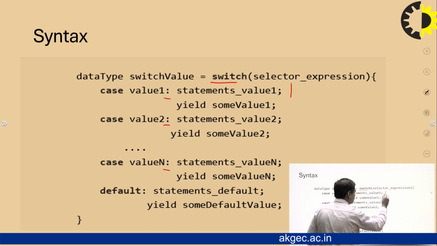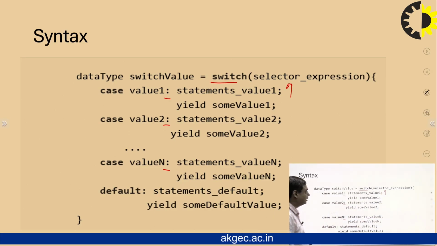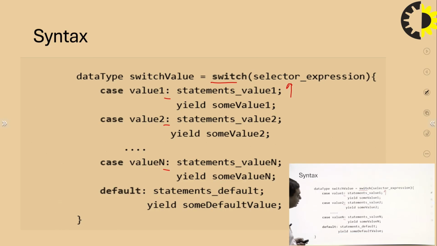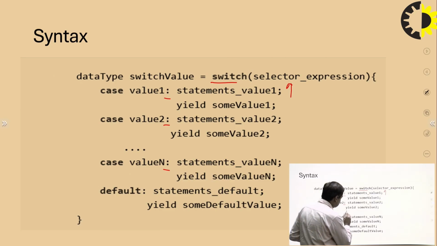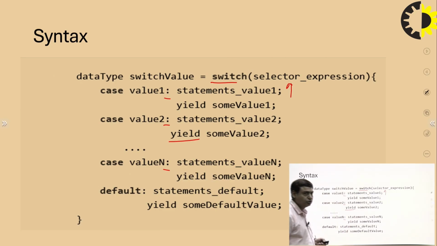We are passing an expression here. If any case matches, case value 1, case value 2, case value n, then after executing some statements, it will return with the help of the yield statement. The job of the yield statement is to return the value, and that value can be stored in any variable.